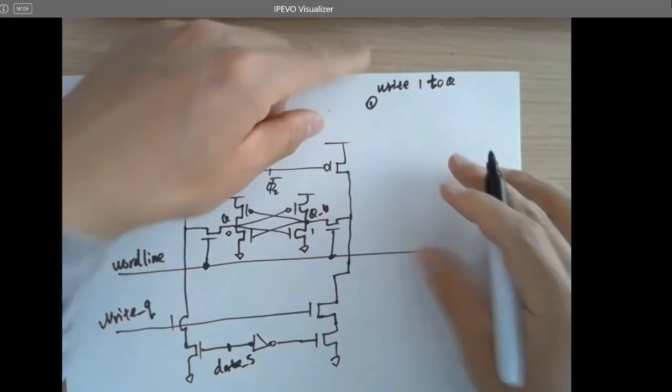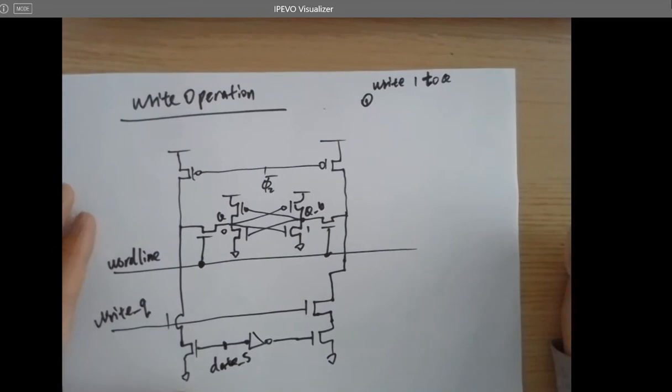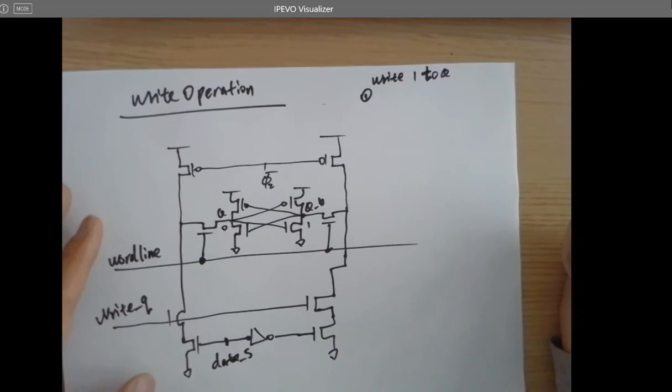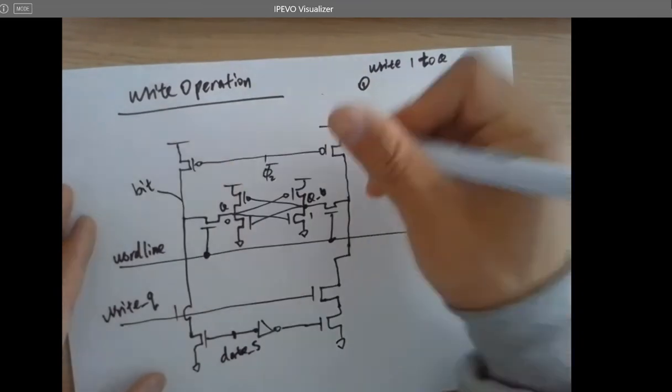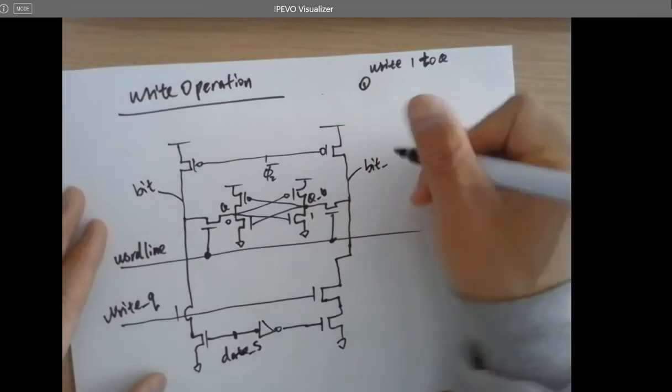Write 1 to Q. First step, still pre-charge the bit lines. Here's bit. Here's bit bar.